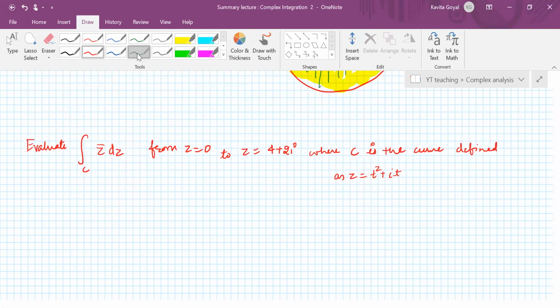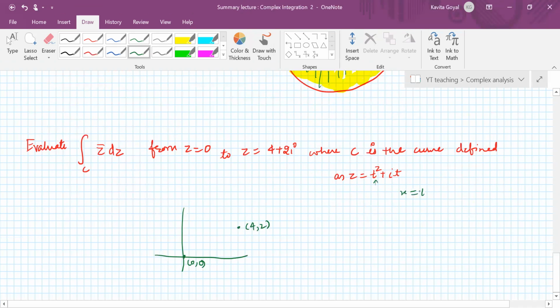Is the statement clear? So you have a curve from z equal to 0 to the point (4, 2), which is z equal to 4 plus 2i. Your curve is x equal to t squared, y equal to t, so the curve is actually a parabola. Did you get it? You have to integrate this function from here to here.